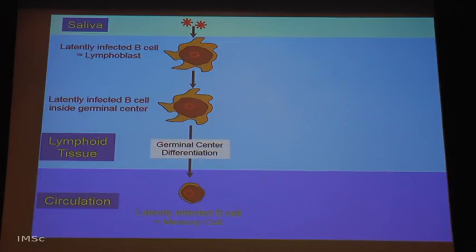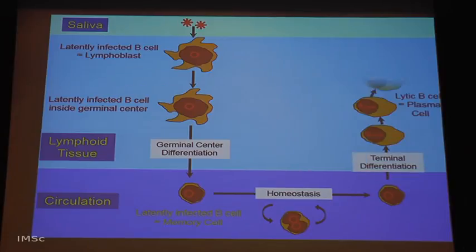And then within your tonsils, in the germinal centers, you will have a differentiation process which corresponds to the cells becoming like a memory B cell. But this is a process that is now triggered by the virus. And here we have again the same replication, which also entails that the viral genome is replicated.